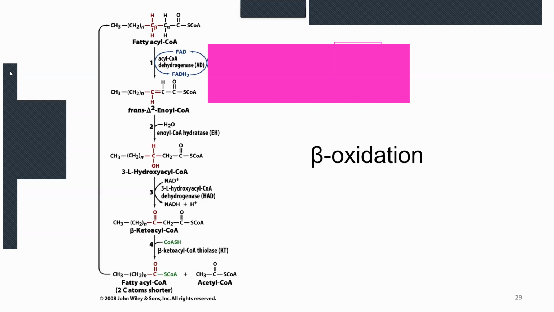So if you think about FADH2, and our fatty acyl-CoA as well as the trans-delta-2-enoyl-CoA, our resulting molecule, what we did was remove some electrons from it. So we have FADH2 as a compound that is now carrying a bunch of electrons.